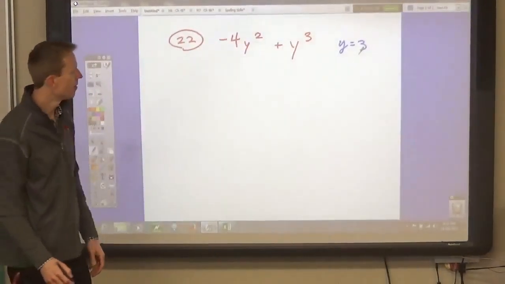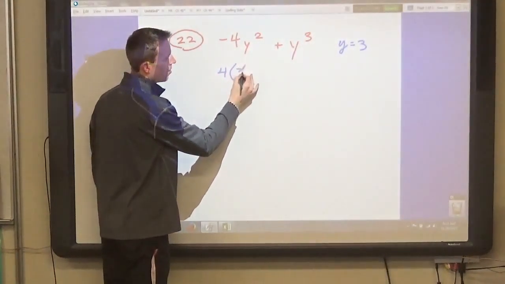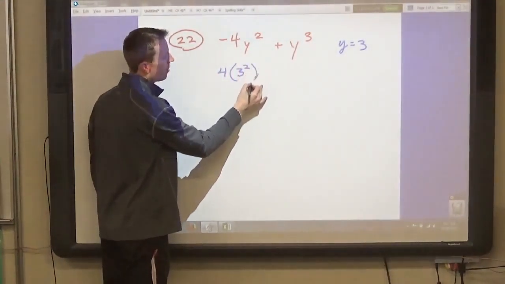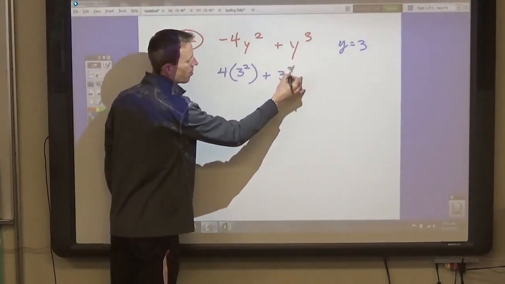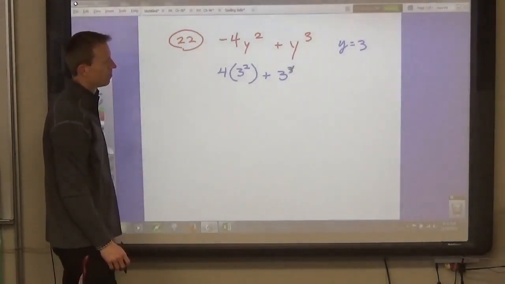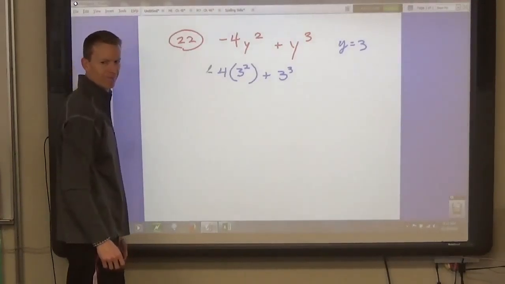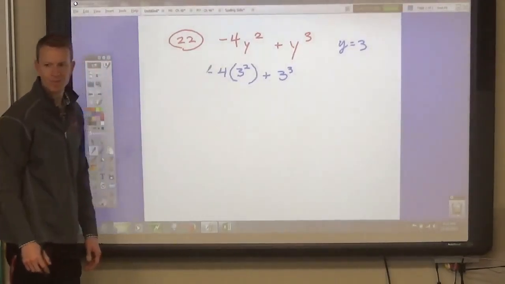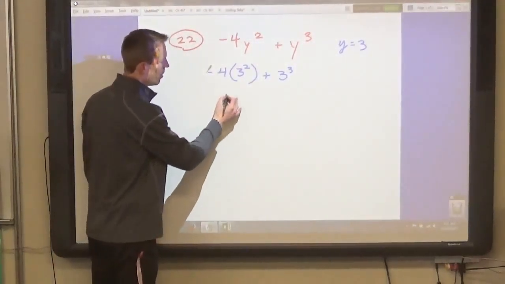You gotta write that in. Negative 4 times 3 squared plus 3 to the 3rd power. Then you have to simplify it using the order of operations.